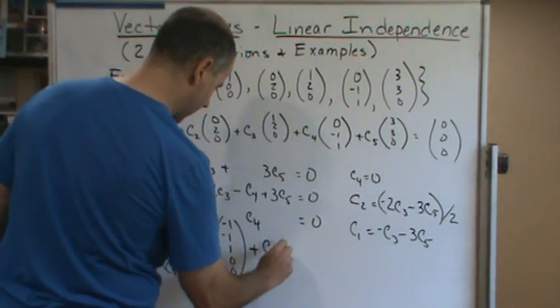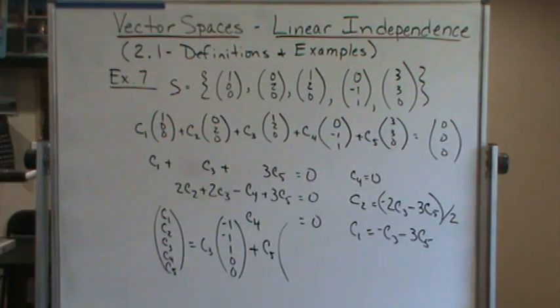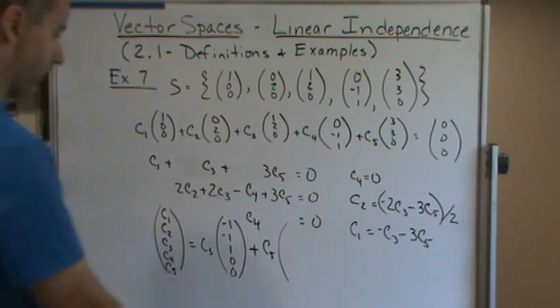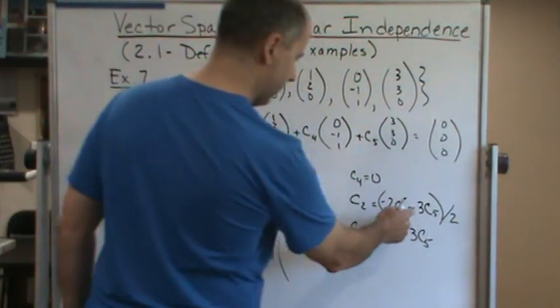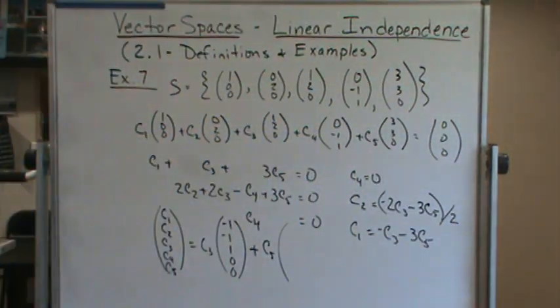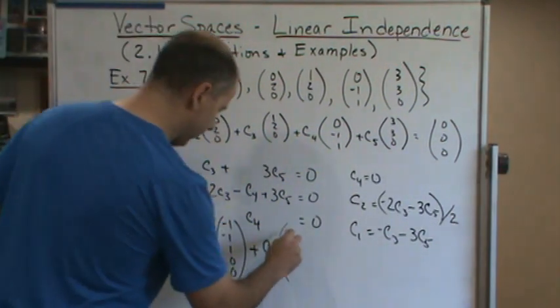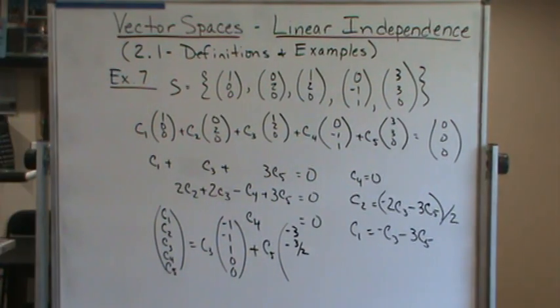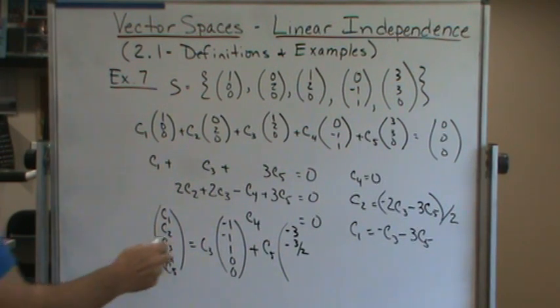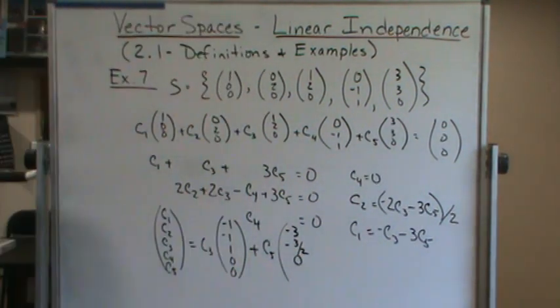Plus C5 times, with C5, we've got -3 for C1 and -3 halves for C2. And then of course we don't have any C3, so that's going to be 0.